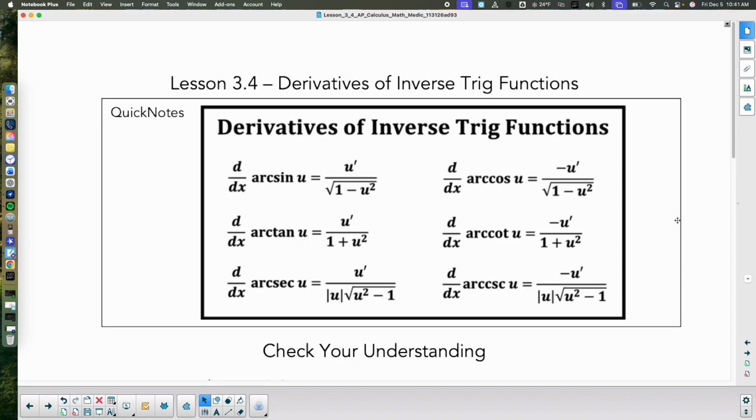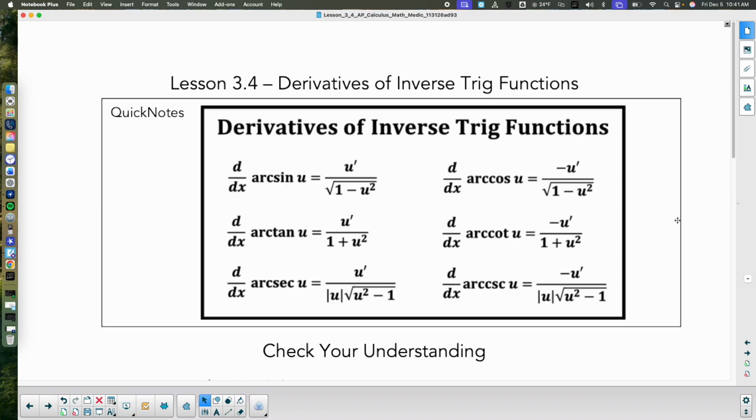On the AP Classroom formula, it had 1 over square root of 1 minus u squared for arc sine, with just a 1 on the top instead of u prime on top.